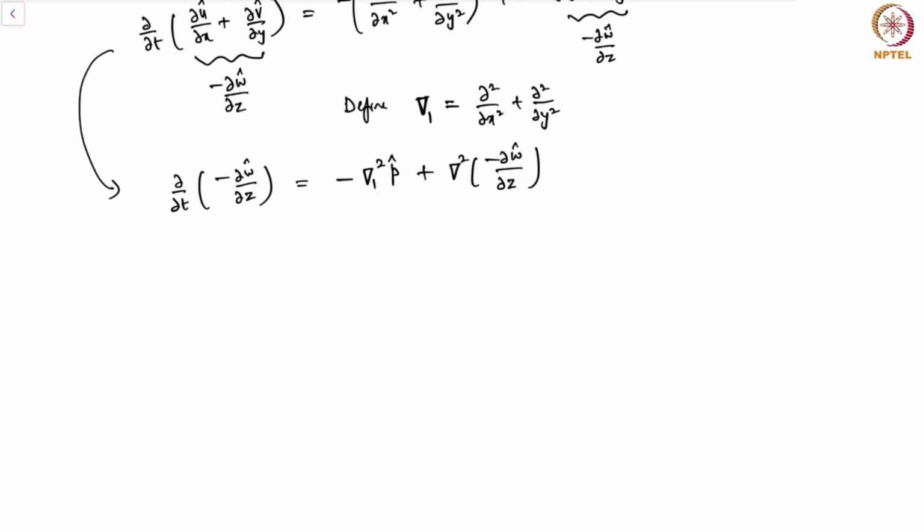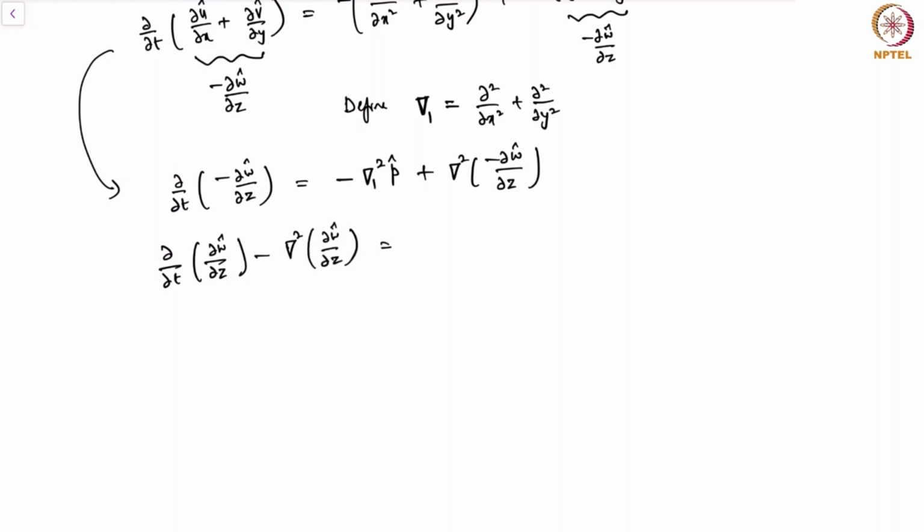So now what we have is del by del t of del w hat by del z, if I take it to the right hand side, minus del square of del w hat by del z.